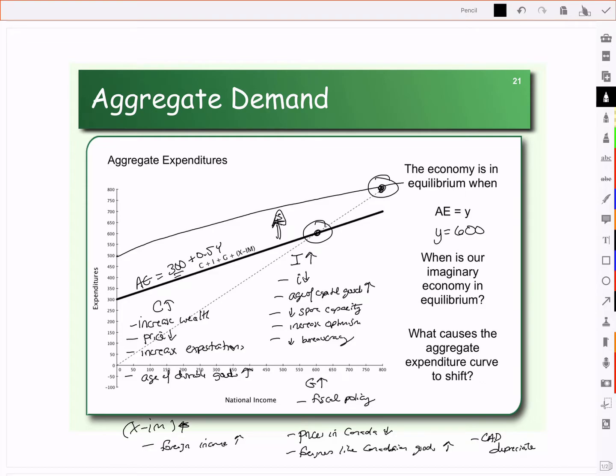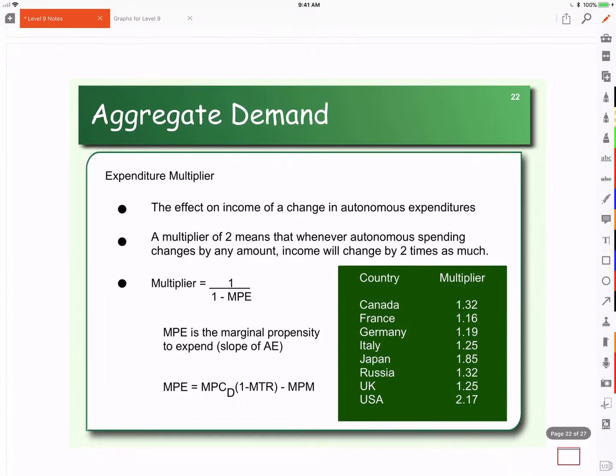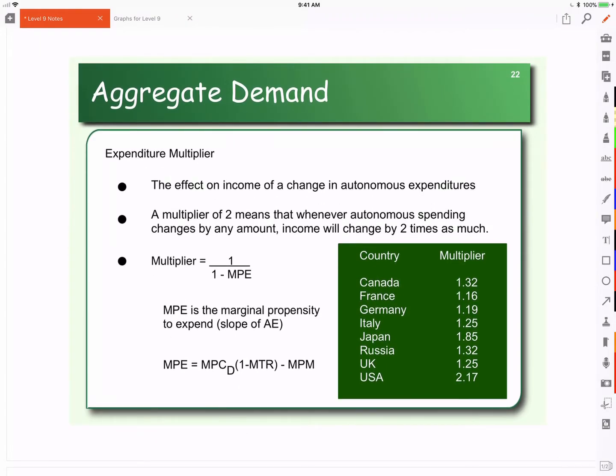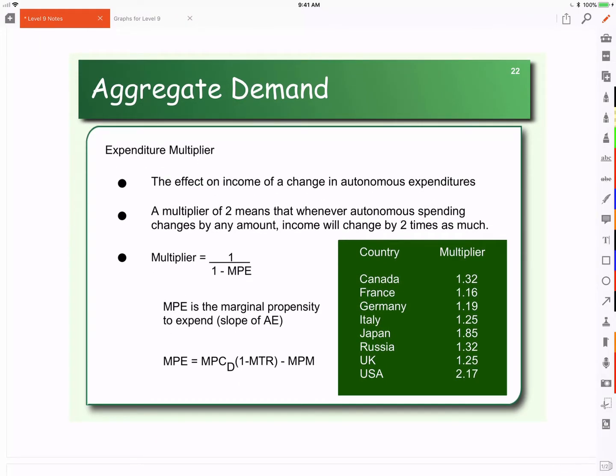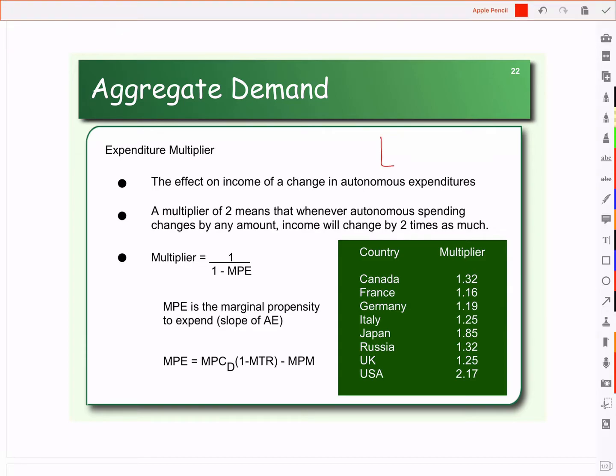Well, so this brings us to a discussion about what we call the spending multiplier. The spending multiplier tells us what happens when we change autonomous expenditures. If we go back to our graph here, here's our function for aggregate expenditures, and here's our 45-degree line.